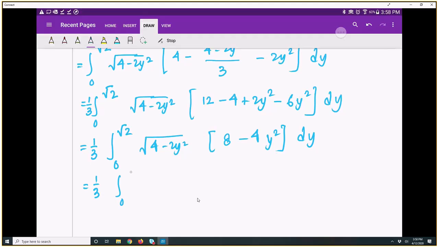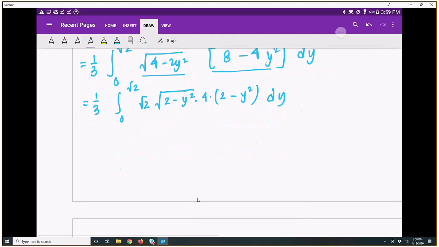So 0 to square root of 2. From these two terms, I can factor out 2. So I will get square root of 2 outside times 2 minus y squared. And from these two terms, I can factor out 4, and I will get 2 minus y squared. As I said, factoring out 4 dy.